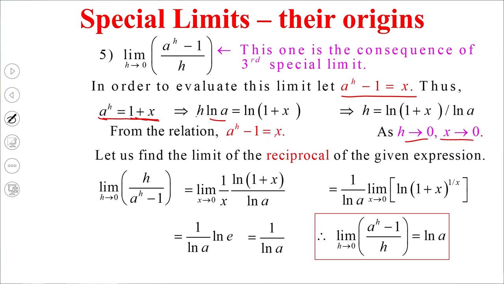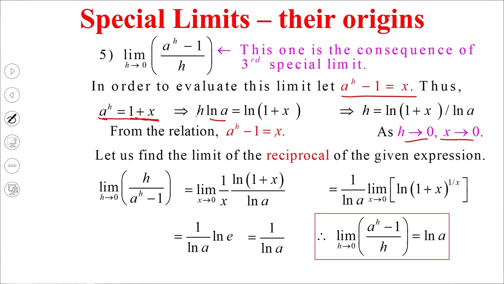Let us find the limit of the reciprocal of our original problem instead of the problem itself, because that will make life much simpler than if we were to do the original problem by itself. So I'm originally asked to find the limit of a to the power of h minus 1 over h as h approaches 0, but rather I want to find the limit of the reciprocal of this, that is h over a to the power of h minus 1.